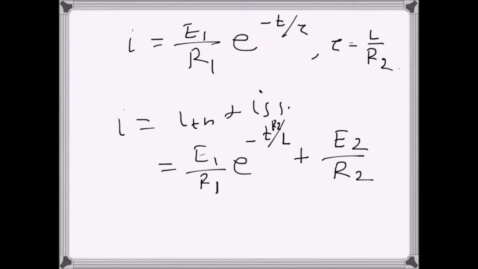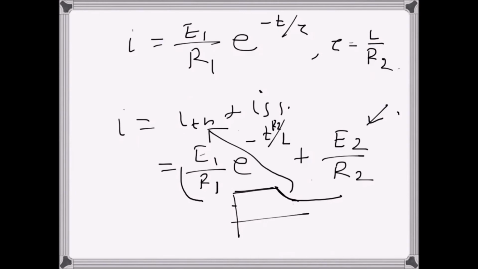So depending on the ratio E1 over R1 and E2 over R2, whichever is higher, say E1 over R1 is higher than E2 over R2, the current initially was there and it goes down, instead of going to 0, but going through a transient, which is the I transient component there. So yeah.